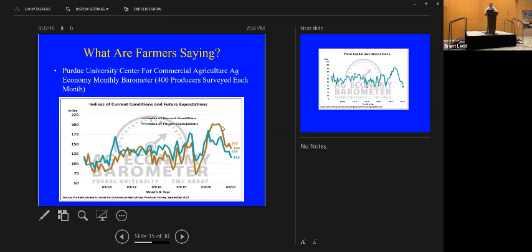And let's see, the blue line there represents kind of an index of future expectations of how strong the farm economy is going to be. The other colored line, gold or off gold, whatever it's showing up there on the screen, is kind of the index of farmers' perceptions of current economic conditions.